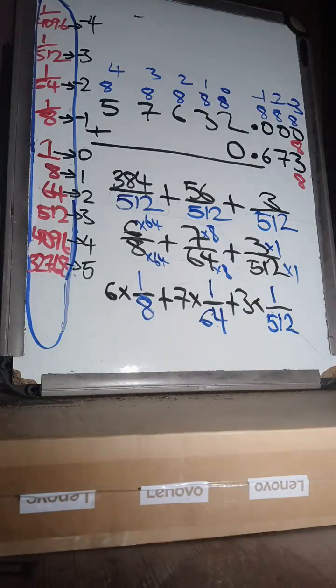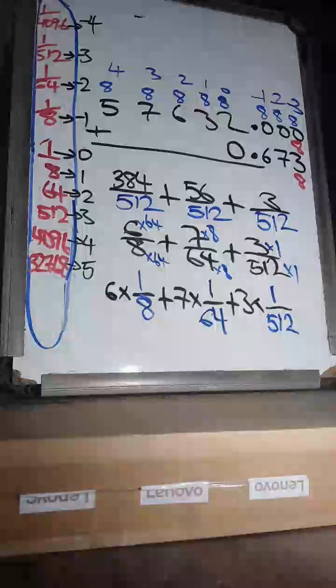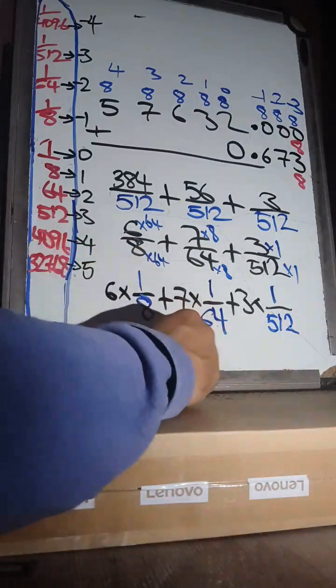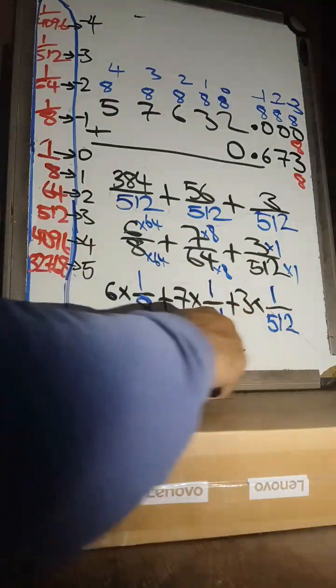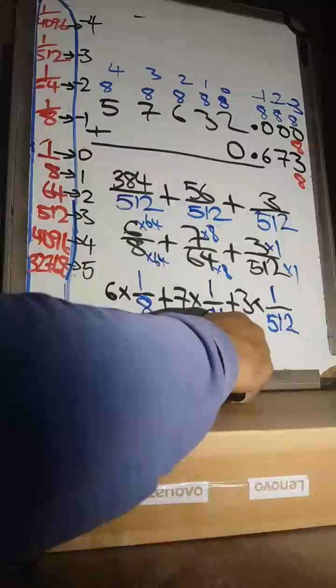Let me see now. 384. And we add that to, yeah. So, when everything is said and done, we end up with 443 over 512.